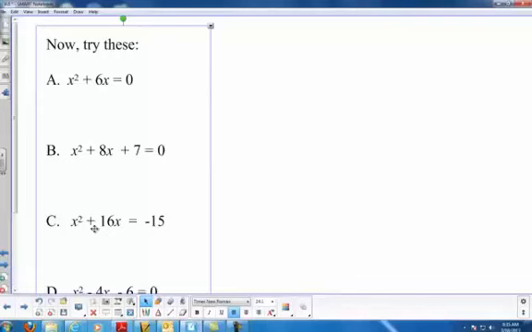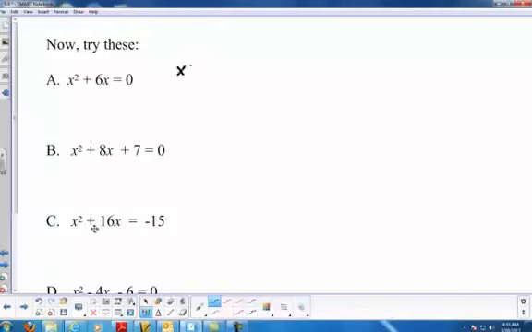So let's try a couple with the completing the square method. So this means I'm going to have x plus 3 squared, because that number is always half of b. So I'm going to need to add 9 to both sides, because I need to square that number. Half of b squared is what this is, the 9.